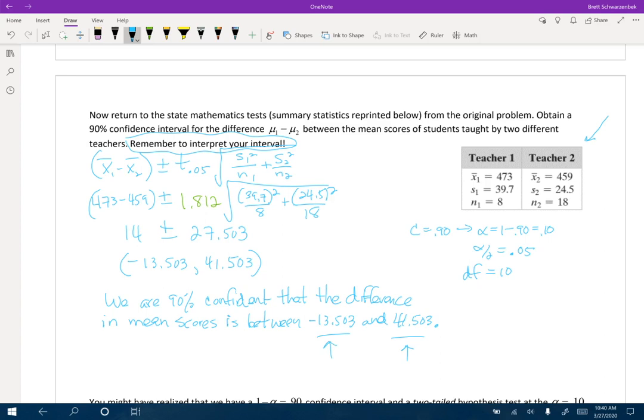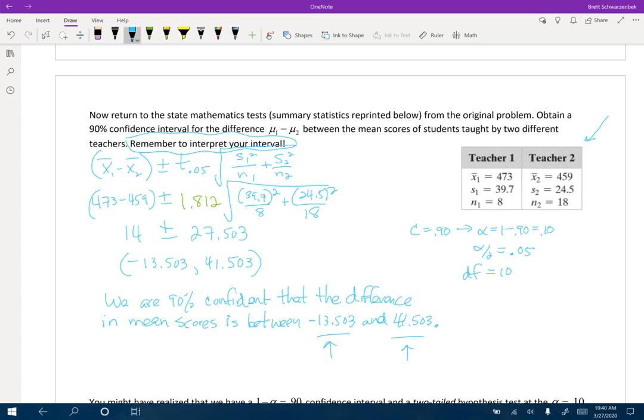If you need to play that back again to hear that again, that's fine. But that is the scenario: this is implying that they're not sure which one is larger, because one's negative and one's positive.